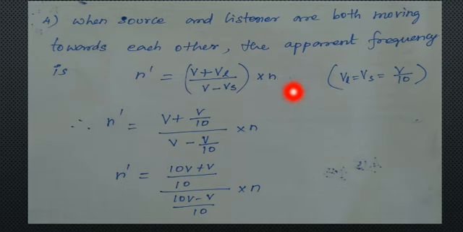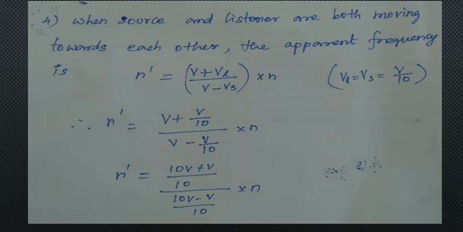But from the question, both velocities, of the listener and the source, are v by 10. So vl is equal to vs equal to v by 10.